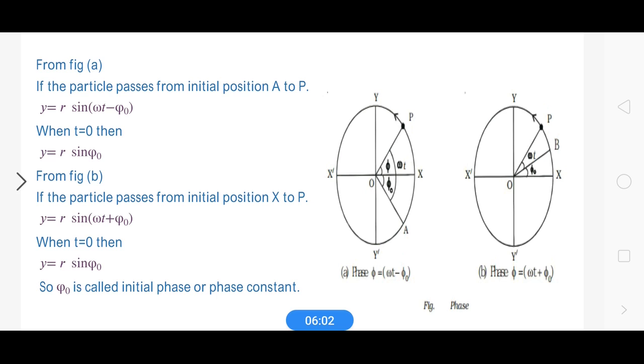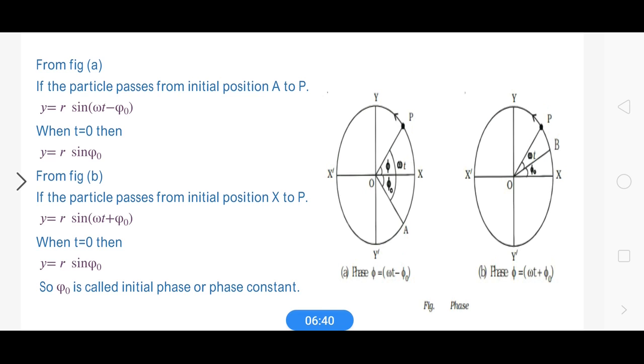So phi can be written as omega t minus phi naught. So the displacement of the particle is y equal to r sin omega t minus phi naught. When t is equal to 0, y is equal to r sin phi naught.